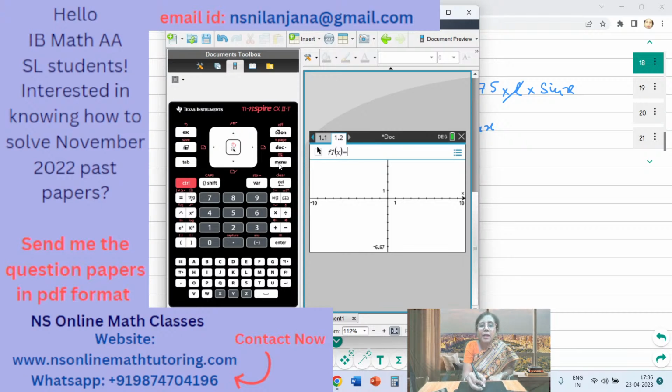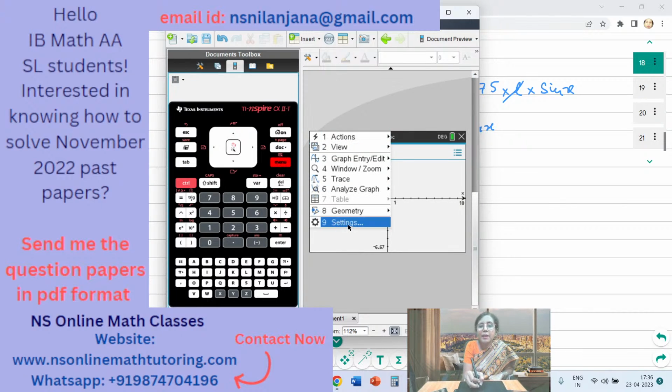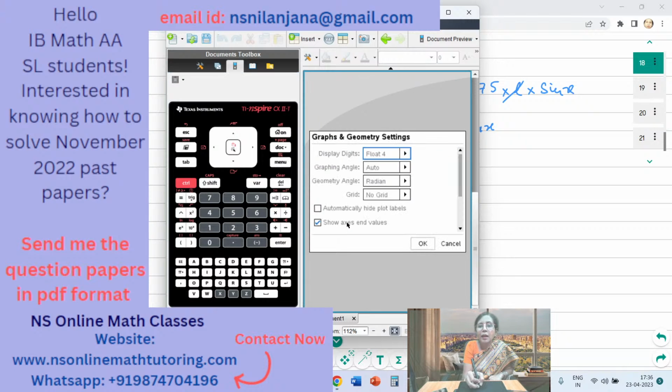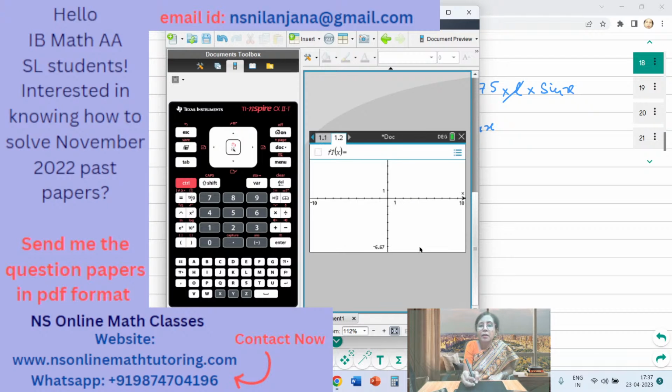And for the graph settings, I need to change this angle to degrees first of all, geometry angle.